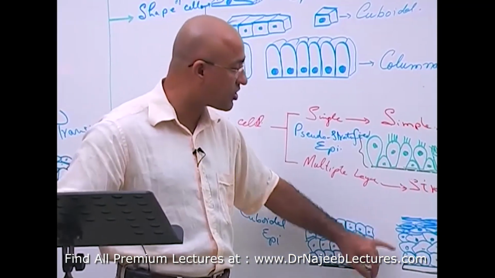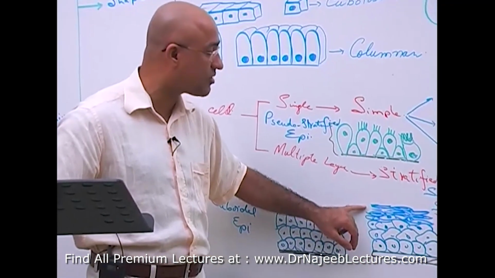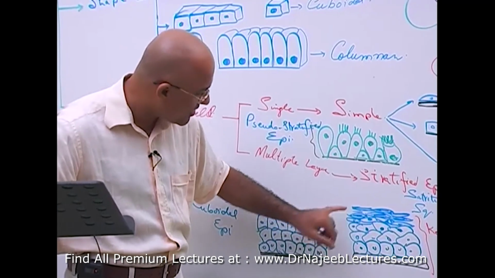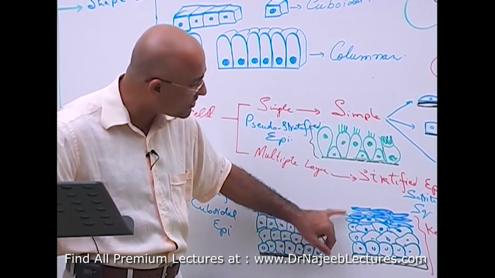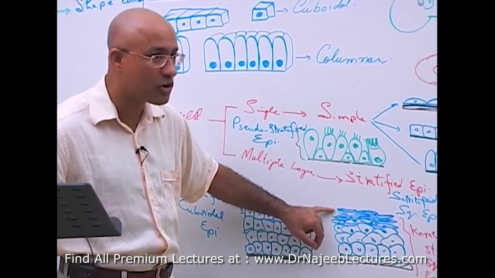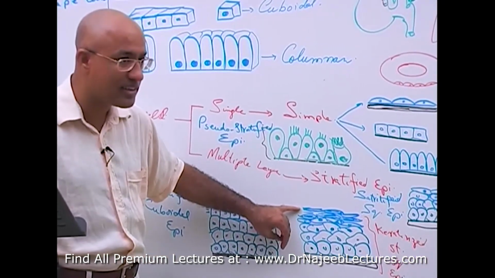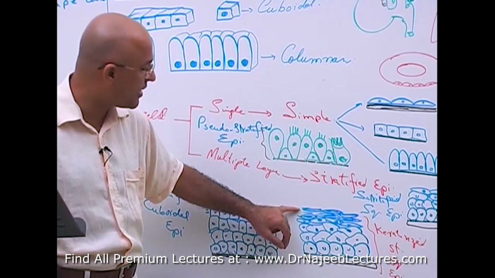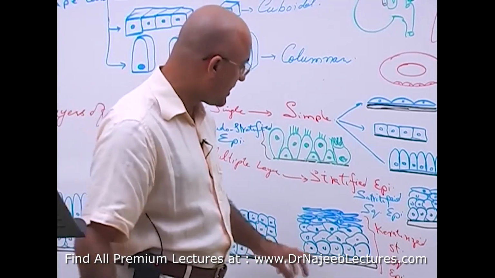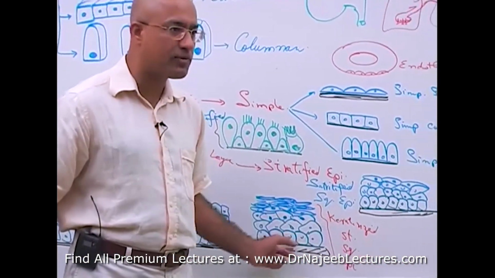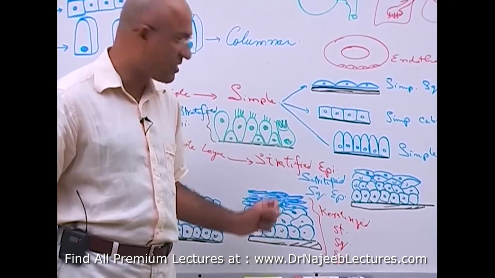We also call it stratified squamous epithelium which is keratinized and dry. Usually skin is dry until you make it wet, right? And we also call it stratified squamous epithelium which is cornified. So cornified or keratinized, it is one and the same word, right? Cornified, C-O-R-N-I-F-I-E-D.